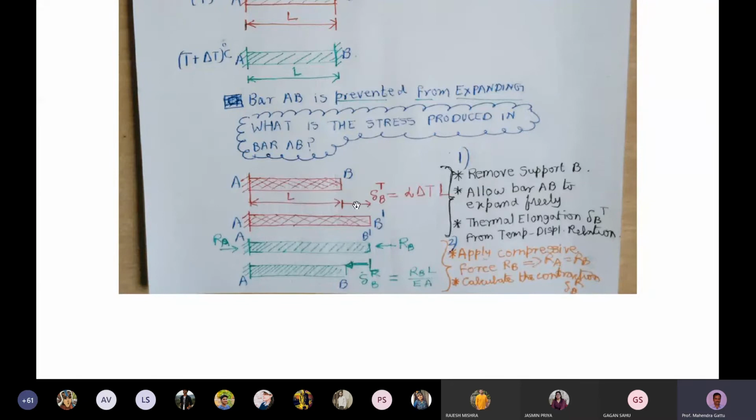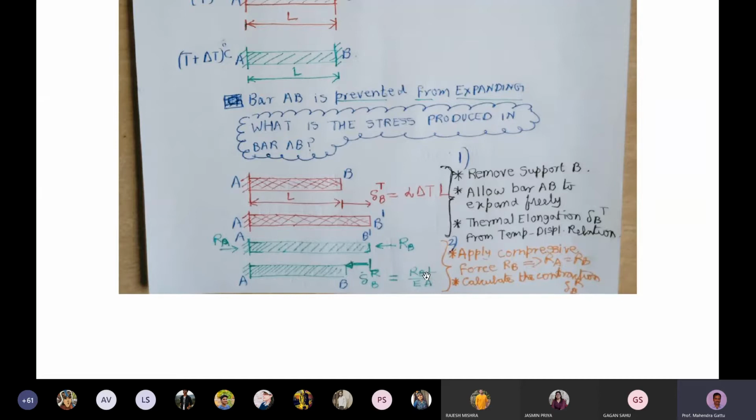One thing you can ask is that the compressive force is applied for this elongated bar, right? The length is L plus delta BT. Why can we use L instead of L plus delta BT?